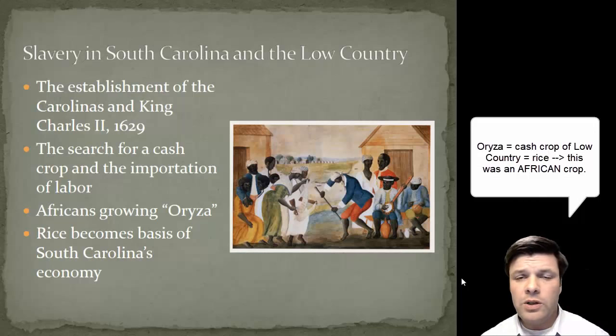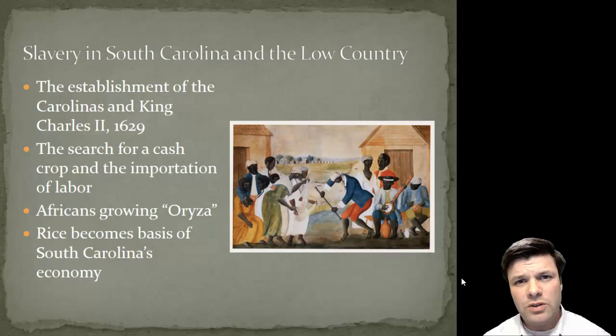Now, officially what Aroisa was rice. If you think about some of the things that South Carolina and Georgia are known for, it's the production of rice. And it's going to be Aroisa that becomes the cash crop. But I got to have you ask yourself, these landlords, they're English. They're people from London and Manchester, right?